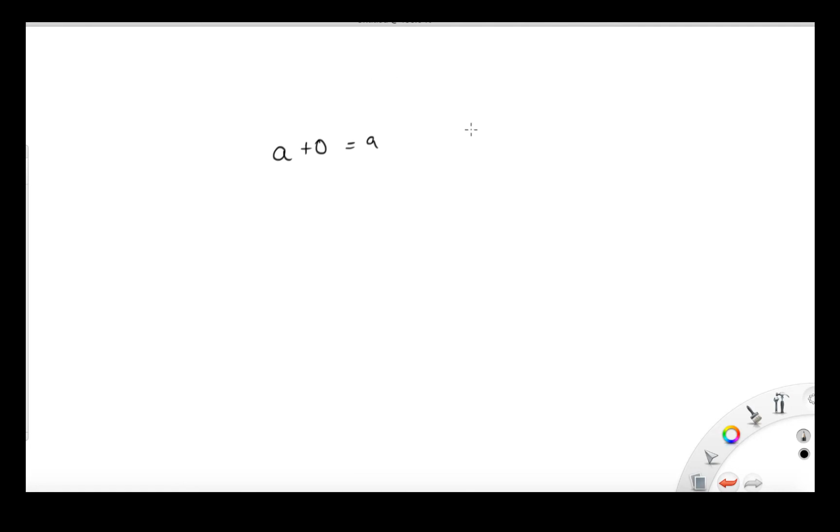You'll notice addition, okay, because of the plus sign. Identity property, so if I said a is equal to any number, let's use 2 again. 2 plus 0 equals 2. That's my answer. Identity just means that I am identifying that anything plus 0 is itself.